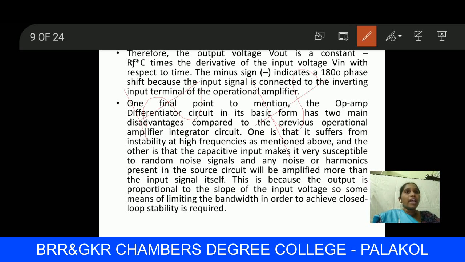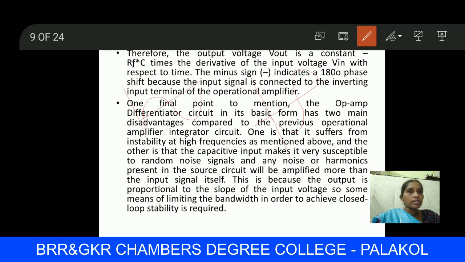Okay, so on a final point to mention, an op amp differentiator circuit in its basic form has two disadvantages compared to the previous operational amplifier, that is the integrator. One is it suffers from instability at high frequencies, and also the capacitive input makes it very susceptible to random noise signals, and any noise or harmonics present in the source circuit will be amplified more than the input signal.